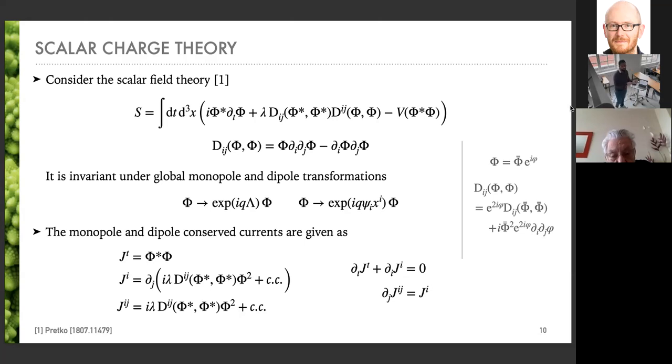This also gives you a flavor of why they are related to subsystem symmetries, in the sense that phi is a complex scalar, and I'm allowing the phase of the complex scalar to not only change globally, which will be a symmetry of course, but I'm also allowing it to change linearly. So if you imagine any constant x plane in your theory, like yz planes, then you can independently change the phase of the entire field configuration in that plane.